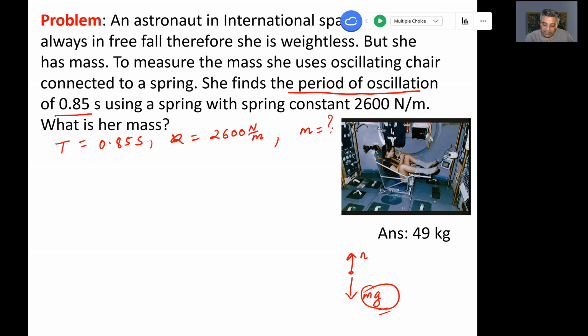So period, mass and spring constant are related. I always tend to forget, is the 2 pi in the numerator or in the denominator, folks? Can you verify that? We need that in the right place to get the correct answer in this case.